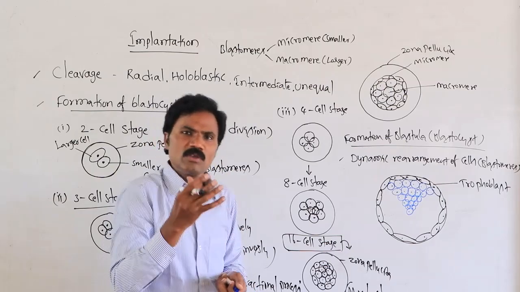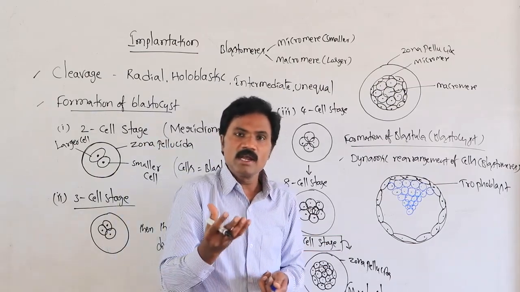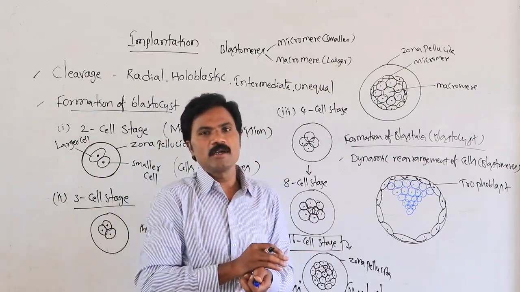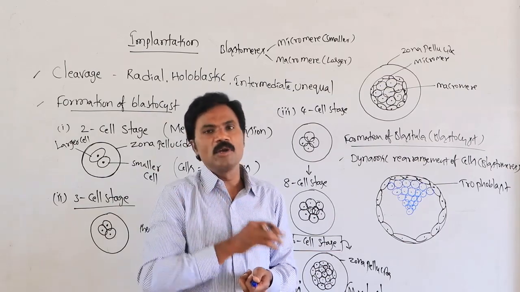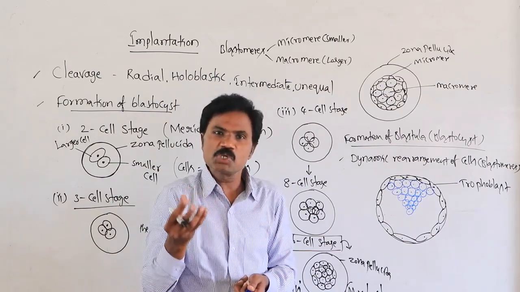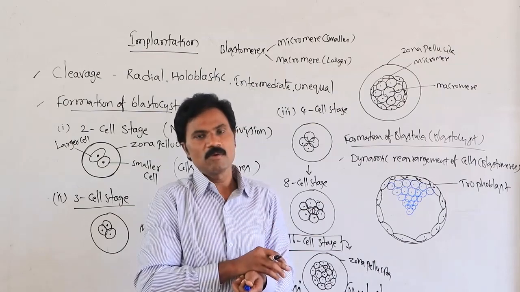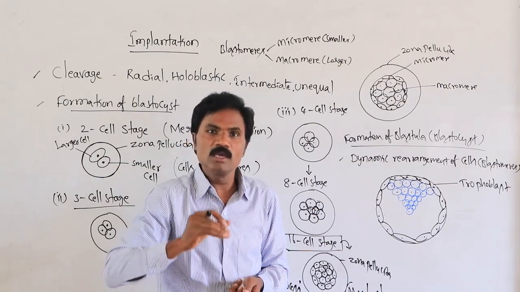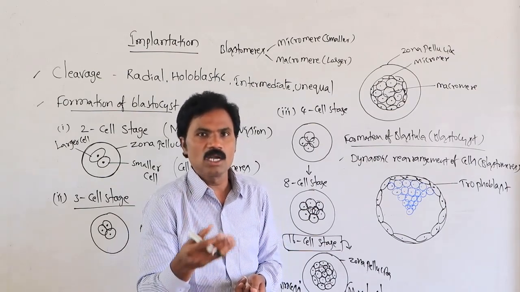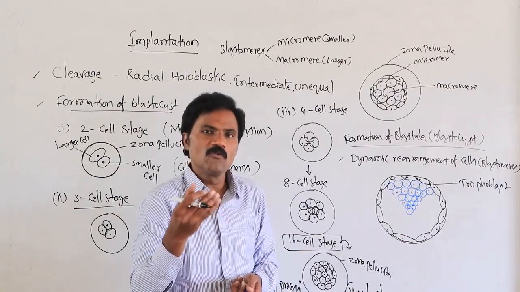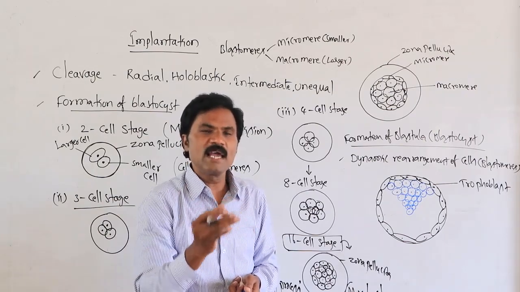So what is the major function of the trophoblast? It acts as a protective layer, a nutritive layer, and as extra embryonic membranes. Why? Because the trophoblast is involved in further growth and development of the embryo and formation of the fetal placenta.